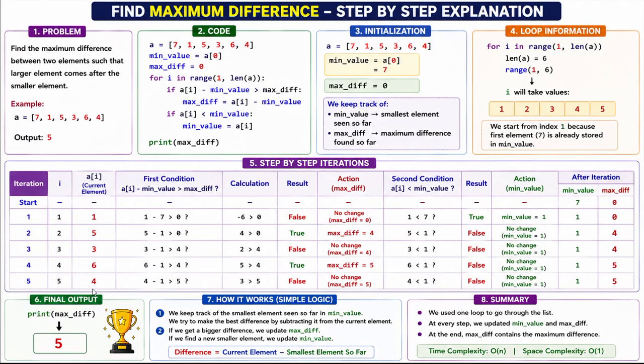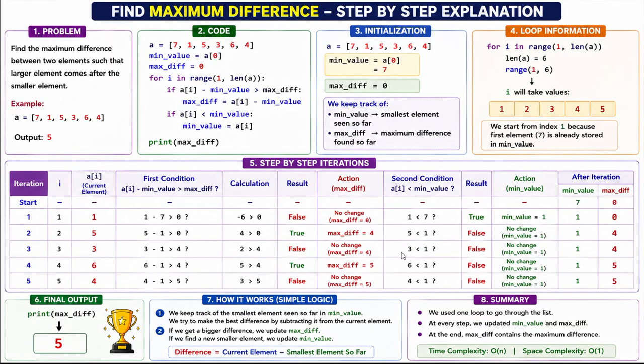Now iteration 5. a of 5 means 4. 4 minus the minimum value 1 is 3. 3 greater than 5, false. So there is no change here. Now check the second condition also: 4 less than 1.